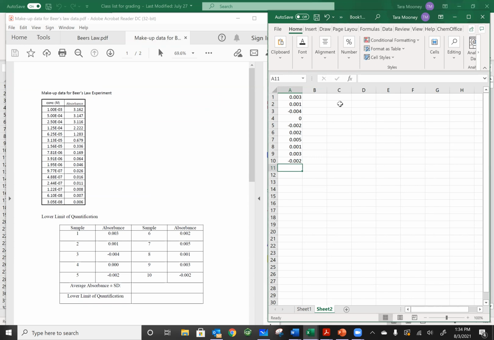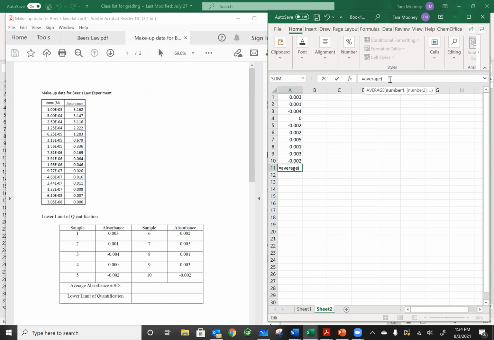Okay, so to find the standard deviation of these, we can use Excel directly to do this for us. The first thing we're going to do, we also need the average of the absorbance. So we can do equals, type in average of, and we need to tell it which cells.